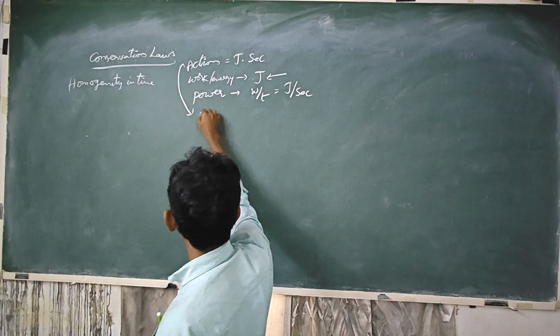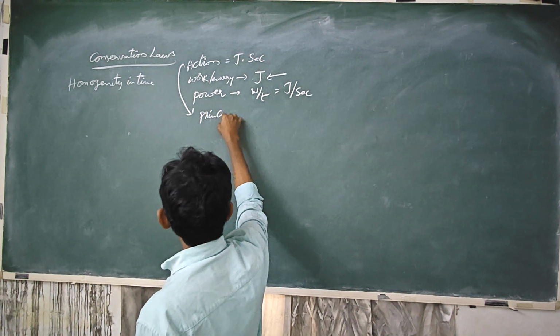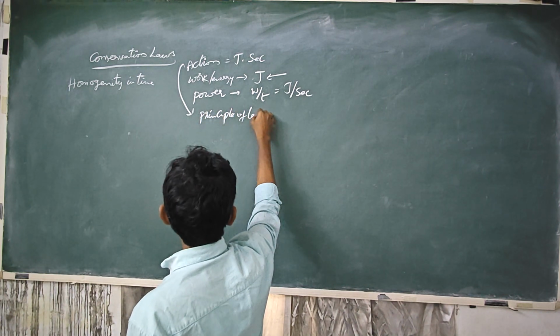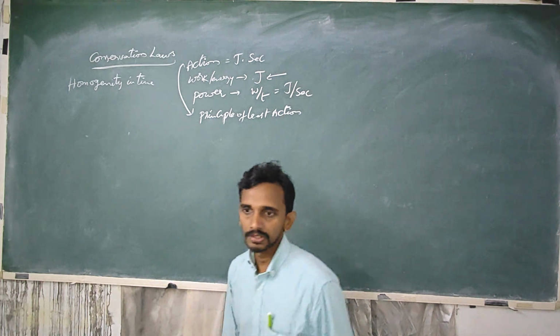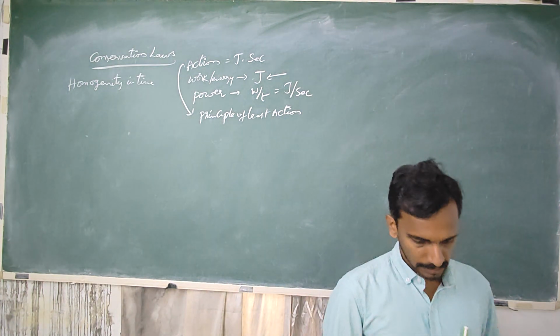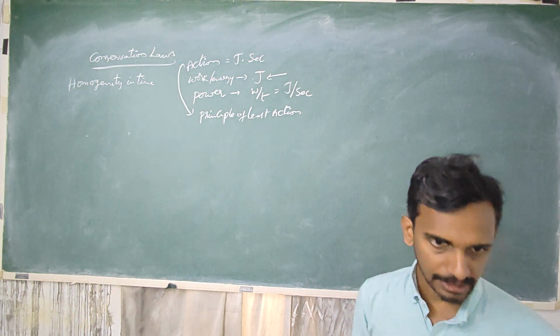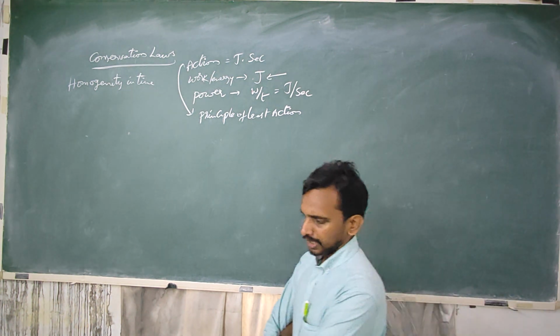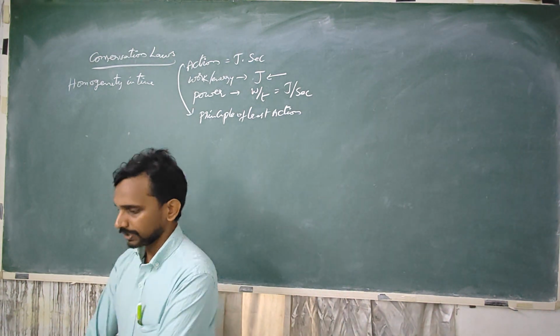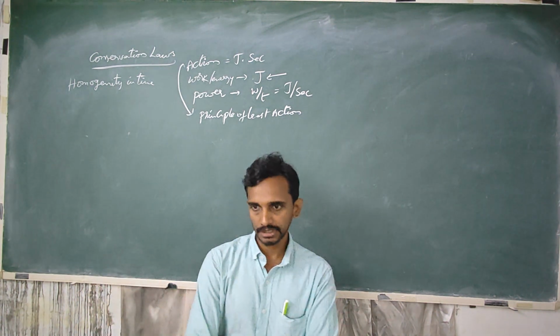So the control parameter is the principle of least action. The best choice in any activity is decided by this least action. So we have to calculate action and identify which choice has least action.